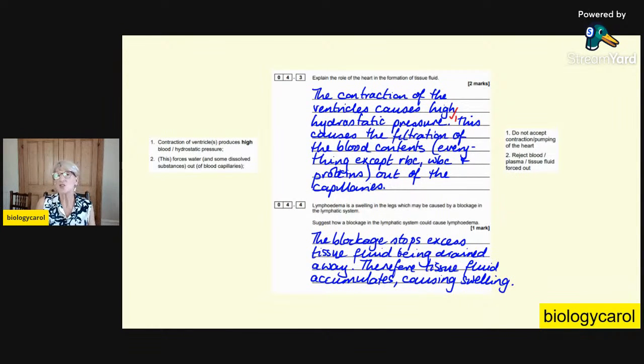So the blockage stops excess tissue fluid being drained away. Therefore, tissue fluid accumulates around the cells, causing swelling. That's what happens. So here's the mark scheme and the comments, and I got the mark.